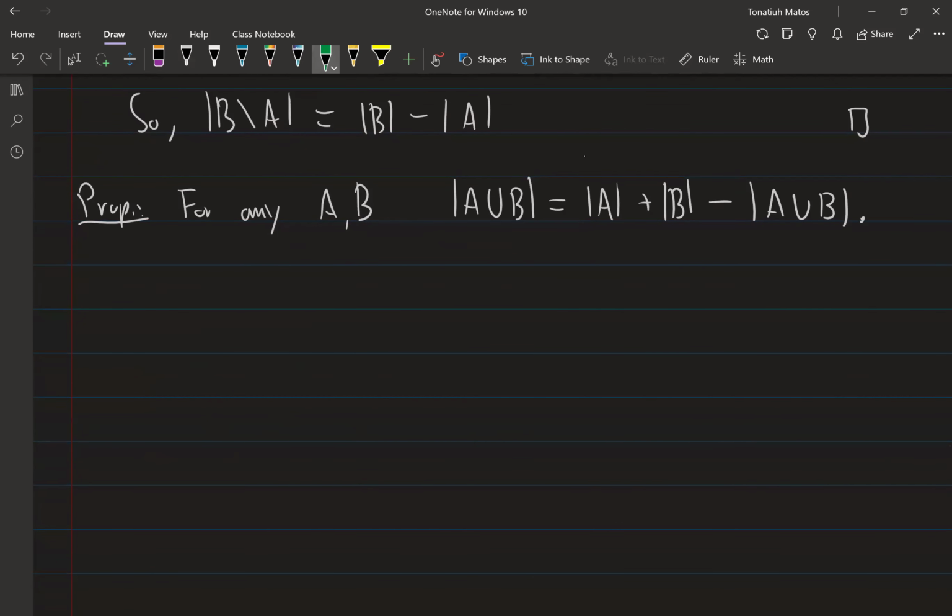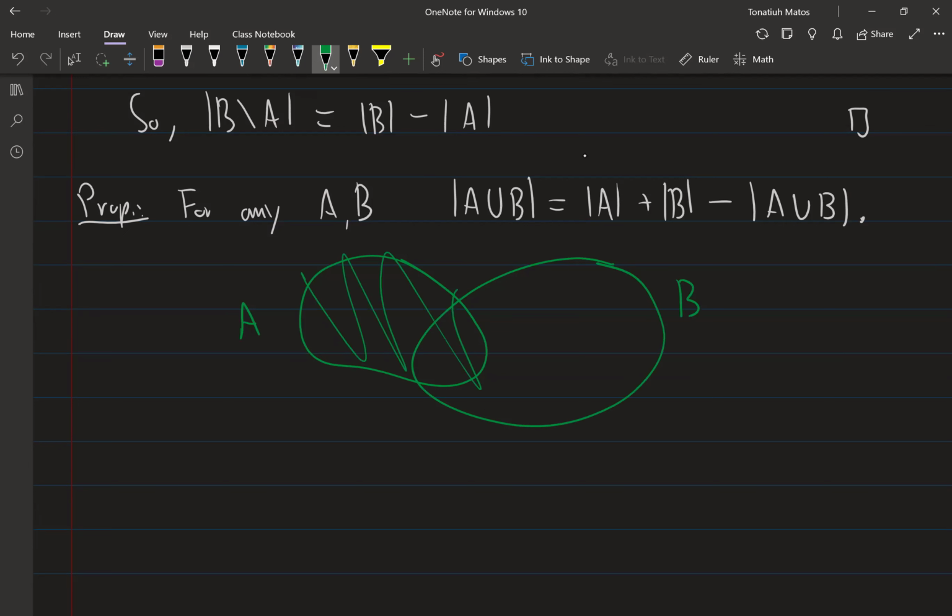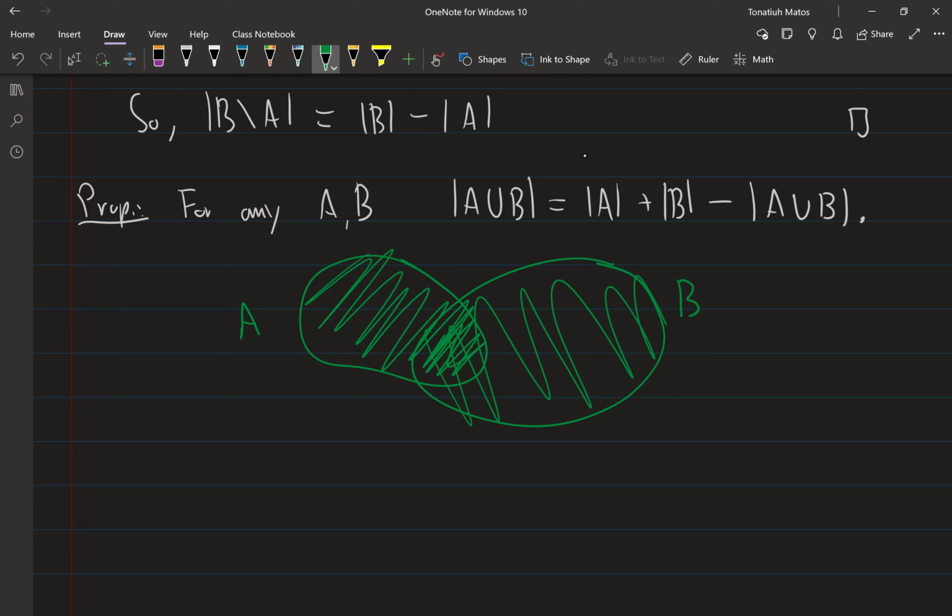Let me tell you why this is obvious, and then you can give me a proof. So this is A, and this is B. If I take A union B, I'm trying to count everything that is in either set. But if I count everything that is in B, and then I count everything that is in A, since they overlap, I am counting everything in the intersection twice.